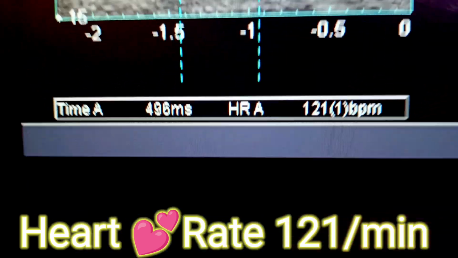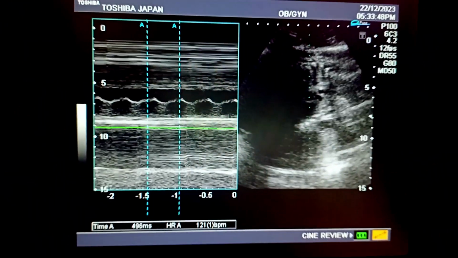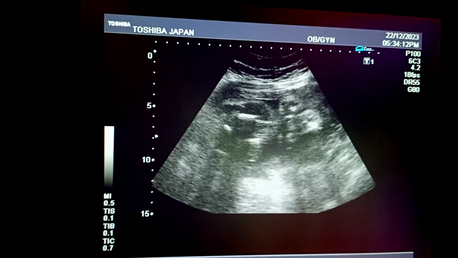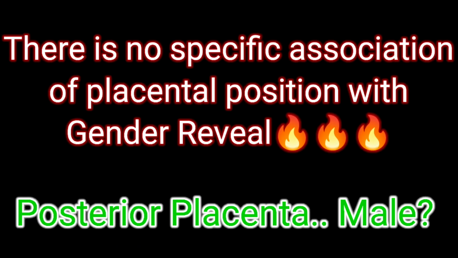So the fetal heart rate is 121 per minute, so there could be a probability of a male fetus in this pregnant lady.